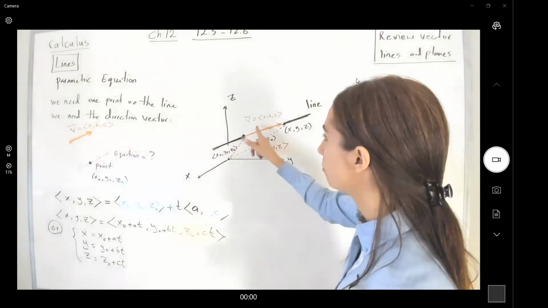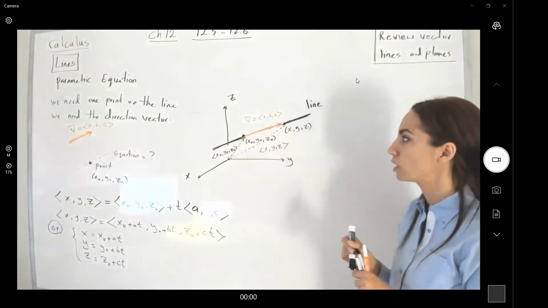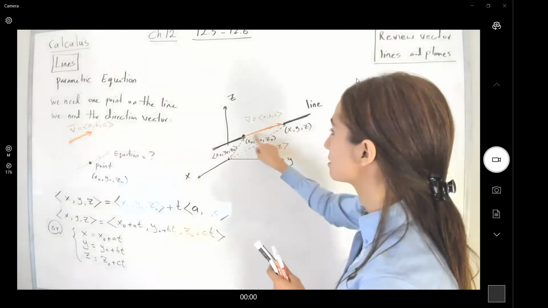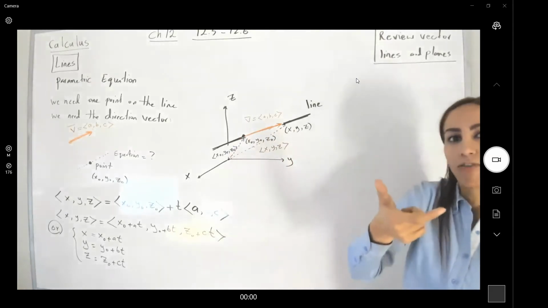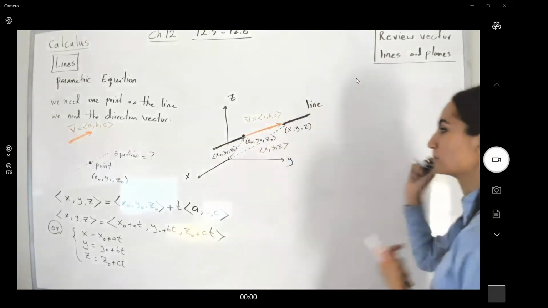So what do we have here? We have the sum of these two vectors equal to this vector. But we know that it's not just a piece of line. It's the whole line itself, which we multiply by t.